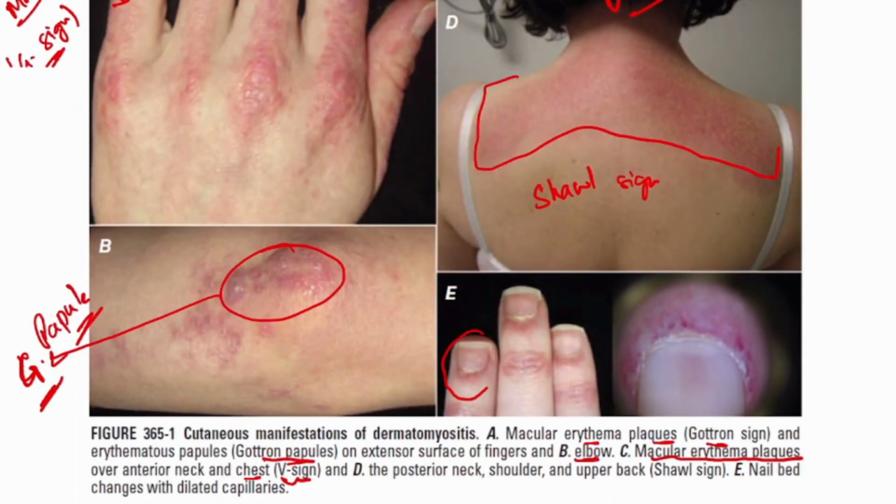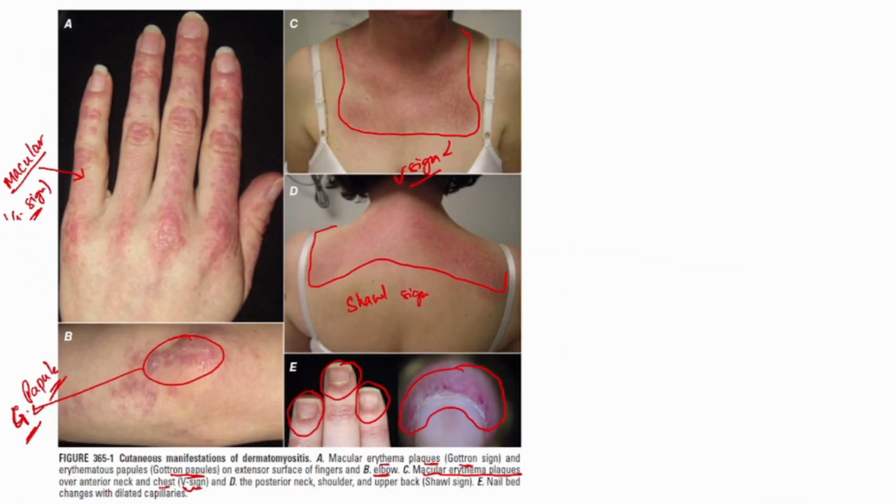These are the nail bed telangiectasias, right? So these are some signs which we can see. This is basically a picture from Harrison's textbook. So very important to remember this.